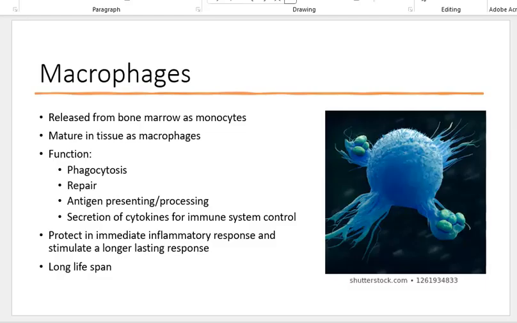Next, we have macrophages. These are released from the bone marrow as monocytes. They mature in tissue as macrophages. Their function is phagocytosis, repair, antigen presenting, processing, secretion of cytokines for immune system control, protecting an immediate inflammatory response, and stimulating a longer lasting response.